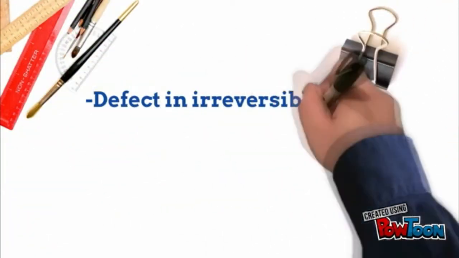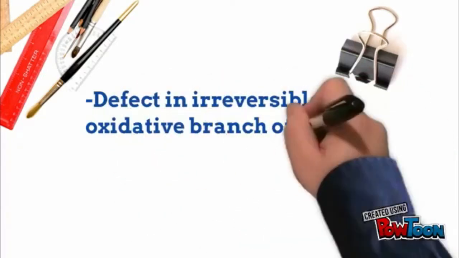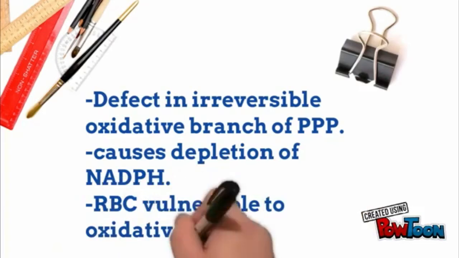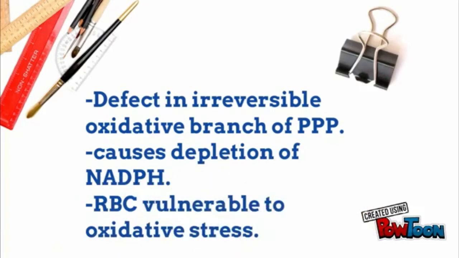In G6PD deficiency, there is a defect in the first oxidative branch of pentose phosphate pathway, and this pathway is irreversible. As a consequence, the NADPH production is decreased, making the red blood cell vulnerable to oxidative stress.